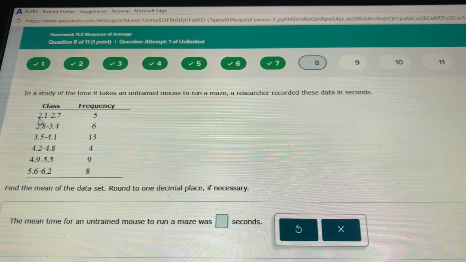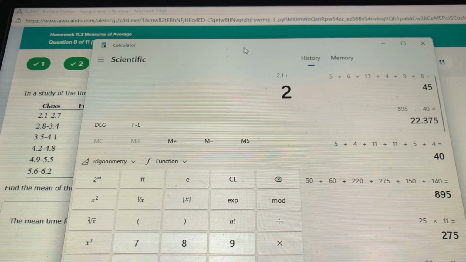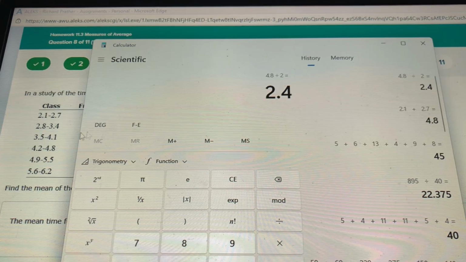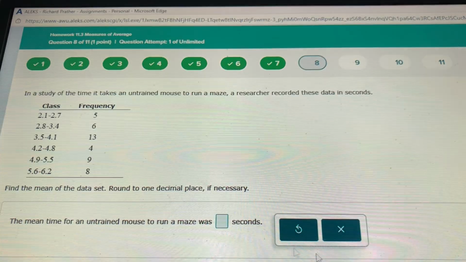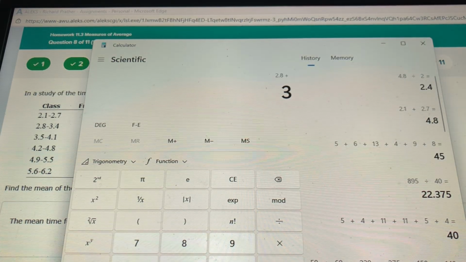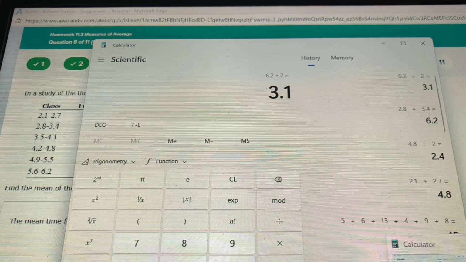So what's halfway between 2.1 and 2.7? That's hard to do in your head. So do 2.1 plus 2.7 equals and divide by 2. The midpoint of 2.1 to 2.7 is 2.4. 2.4 is halfway between 2.1 and 2.7. What's halfway between 2.8 and 3.4? 2.8 plus 3.4 divided by 2. 3.1 is.